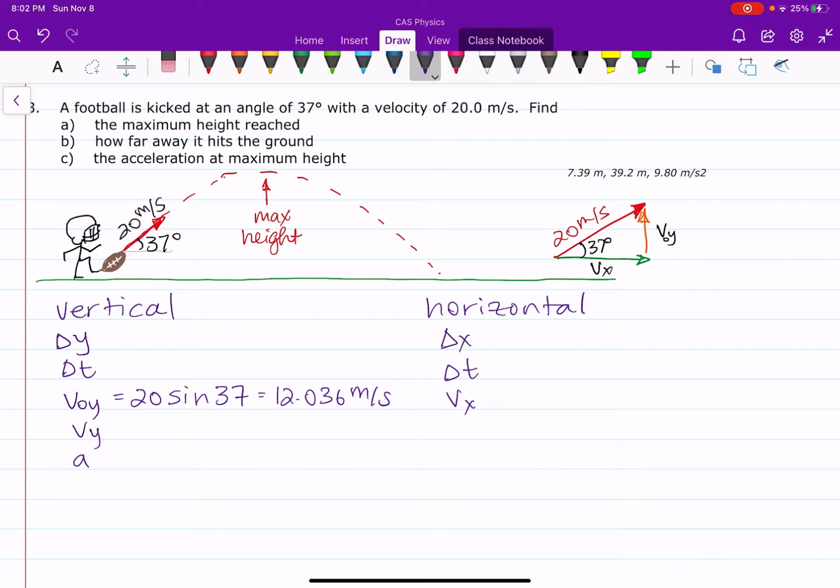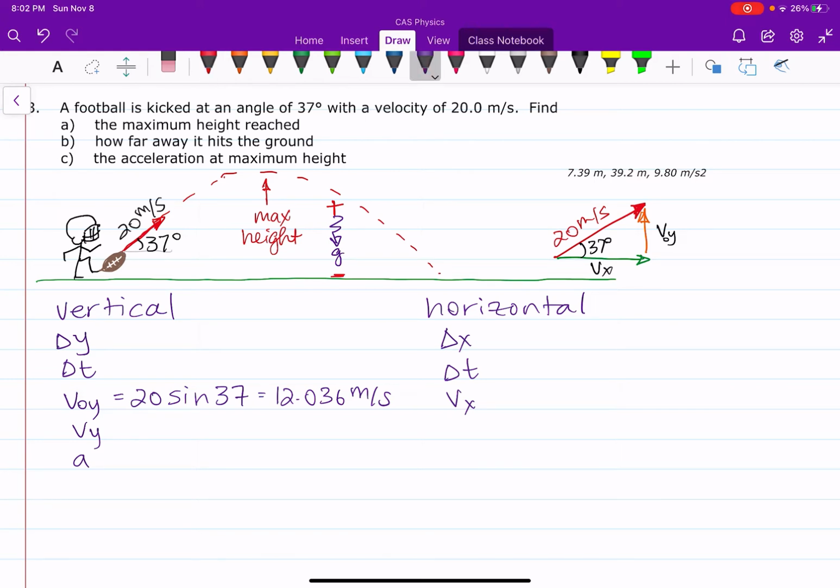And the acceleration, so I haven't specifically assigned the convention yet, but I'm going to make down negative and up positive. So my initial vertical velocity, which is this orange vector, which is pointed up, is positive. So that 20 sine 37 is positive.